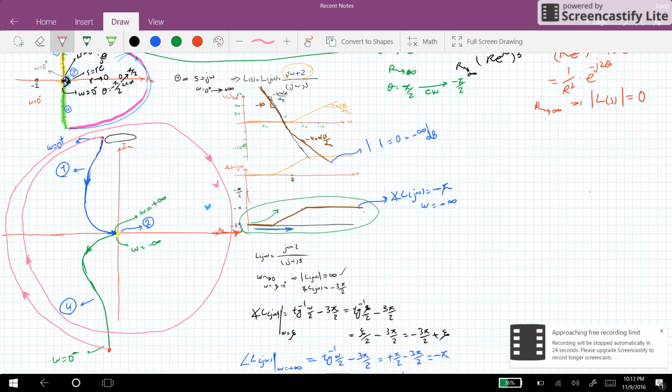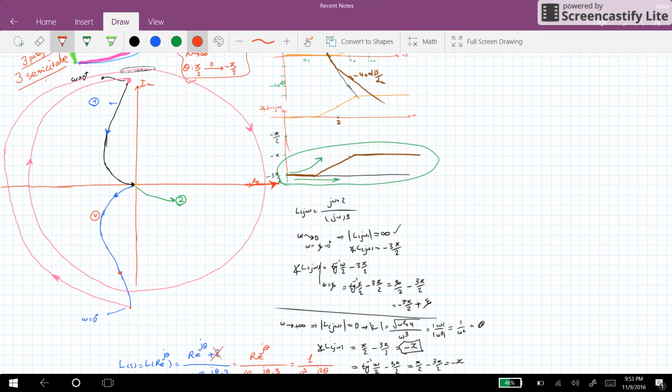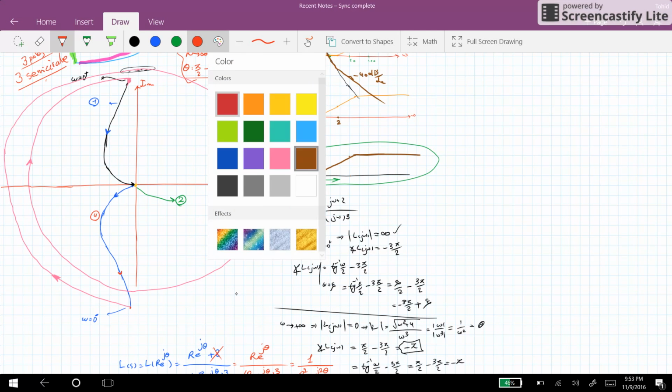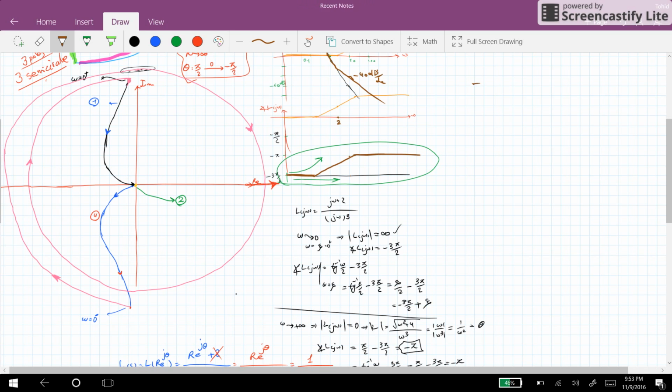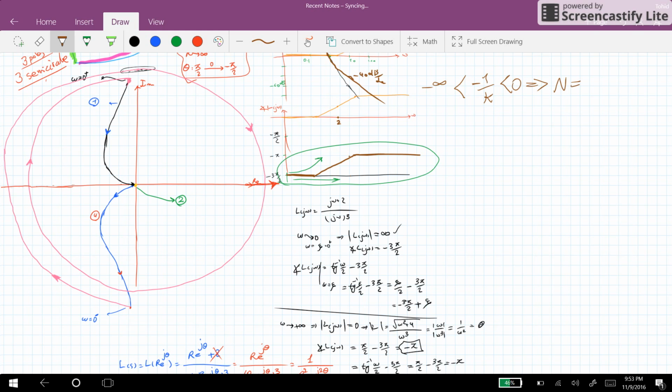Now we can discuss the stability of the system for different values of k. We have selected k equal to 1 at the beginning. We take the point minus 1 over k, and we say that if we place the minus 1 over k from minus infinity until 0, we can count the number of clockwise encirclements of any point in this region.